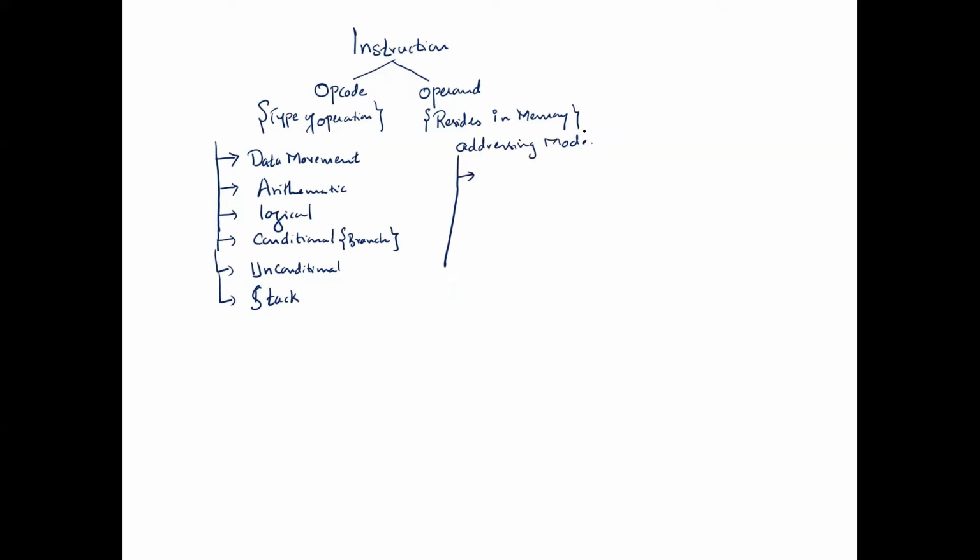We have studied immediate addressing mode, and then we have register addressing mode, direct memory addressing mode, register indirect memory addressing mode. Then we have register indexed addressing mode, and we have stack addressing mode. Apart from these, we have many different types of addressing modes.